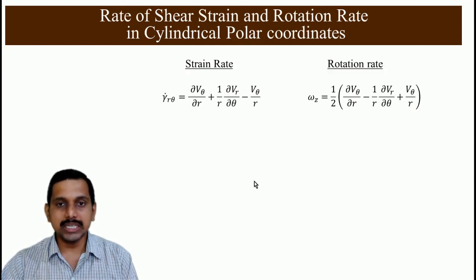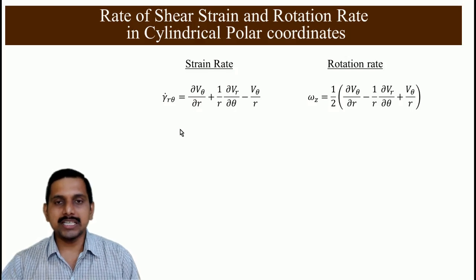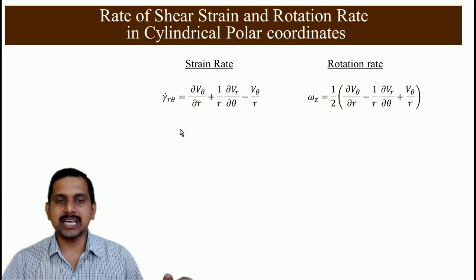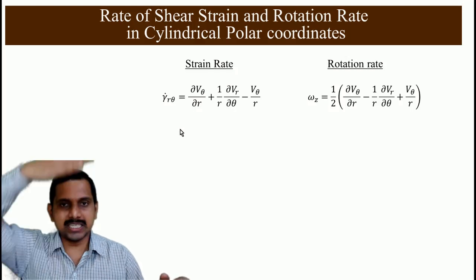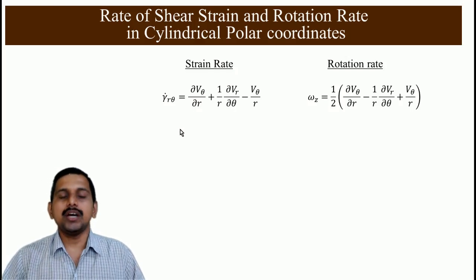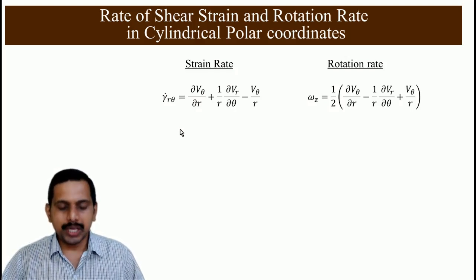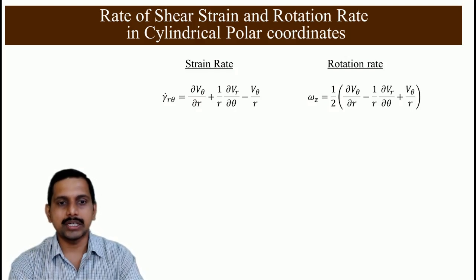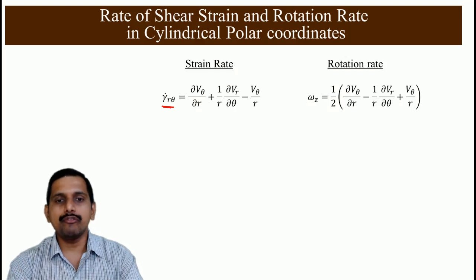In the cylindrical coordinate system, it is r, theta and z. r is the radius, theta is the angle that the radius moves, and z is the direction perpendicular to the plane of r theta. Now when we consider the strain rate, gamma r theta dot is given by ∂v_θ/∂r plus (1/r) ∂v_r/∂θ minus v_θ/r.